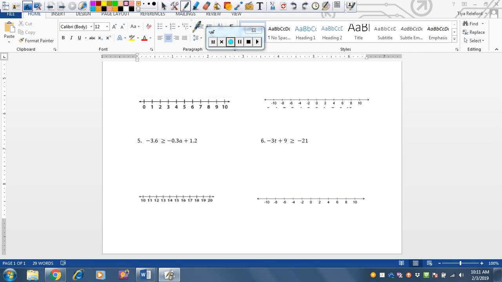All right, number 5. I'm going to rewrite it. Am I going to flip my sign on this one? Is the number in front of the letter, the coefficient, positive or negative?